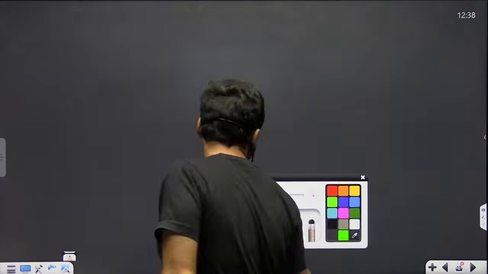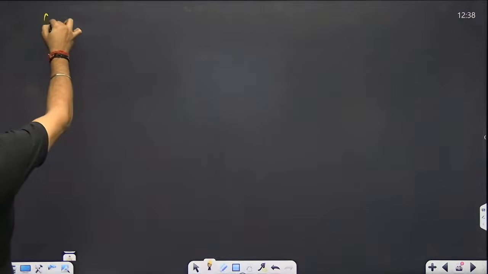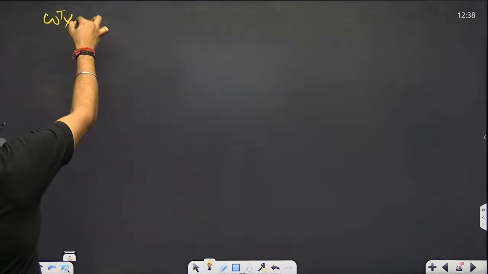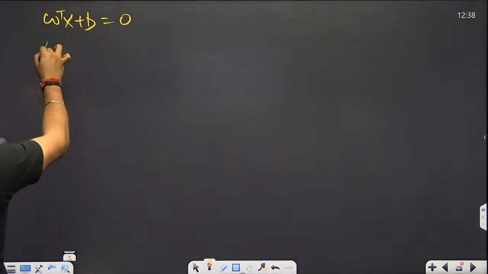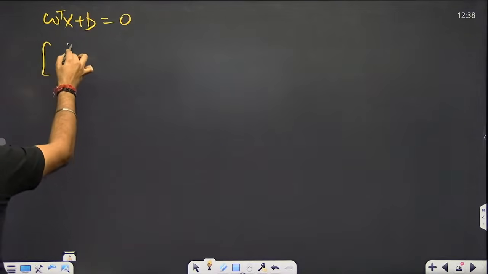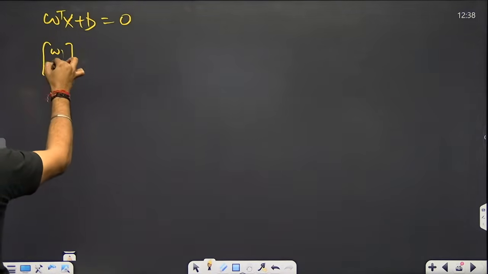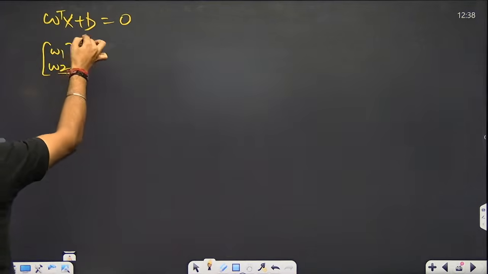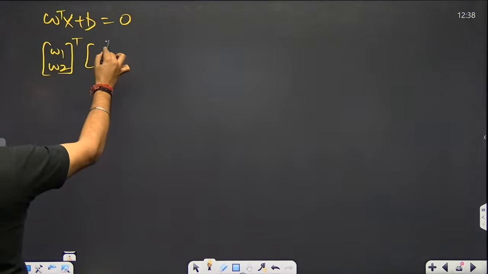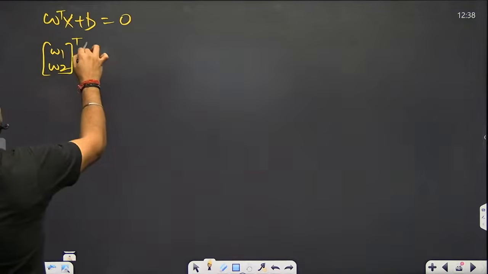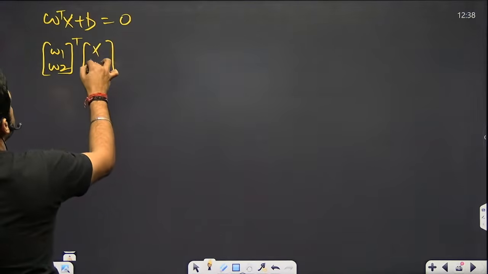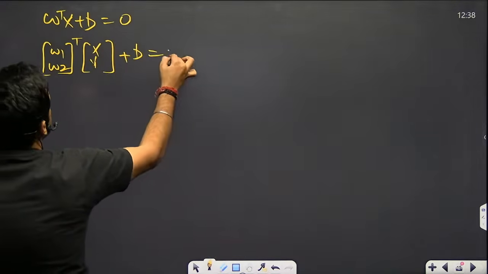Okay, let us now solve this. So weight transpose into x plus b equals 0. I'll consider the weight coefficients as w1, w2. Weight transpose into x, where x is the independent variable and y the dependent variable, plus bias equals 0.